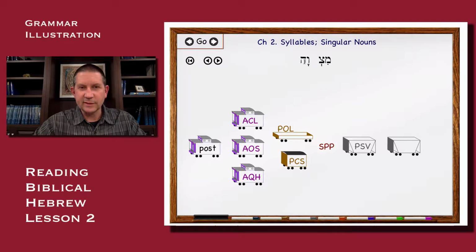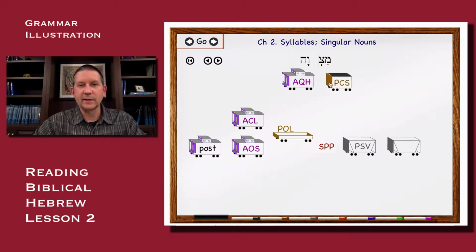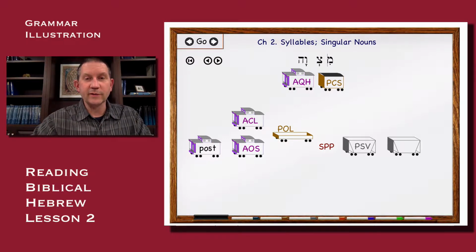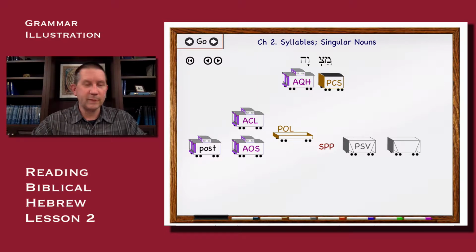But yes, this ends in kametz hey, so this is accented kametz hey, and this is pre-tonic, closed, and short. Chirik can sometimes be long. That's why we might have asked the question, would it have been like this with a pre-tonic open long? But at least at the beginning of what we're doing in Hebrew, our chiriks are always going to be short, and this is just standard theory. Pre-tonic closed short is how they talked.